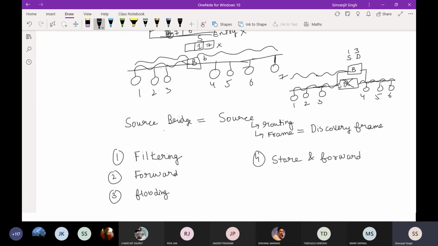So it will understand that it is coming from my port A, and inside port A, 3 is already present. So 3 has already received the message. I do not need to do anything. So it will just store this and discard this frame. There is no need to forward the frame because the message is already received by the third workstation.